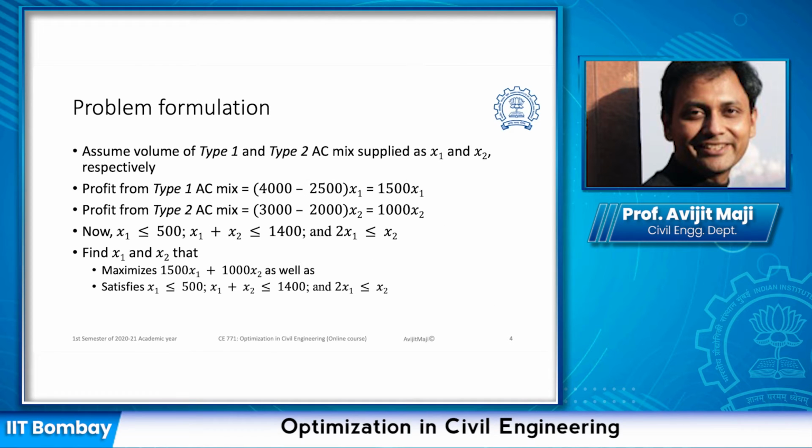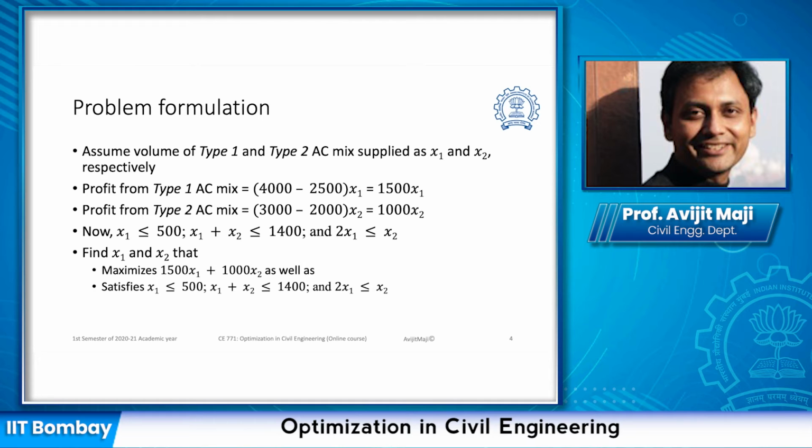So here is an example of how we can represent it. Let's assume the quantity which needs to be supplied for type 1 is x1 and the volume which needs to be supplied for type 2 asphalt concrete mix is x2.